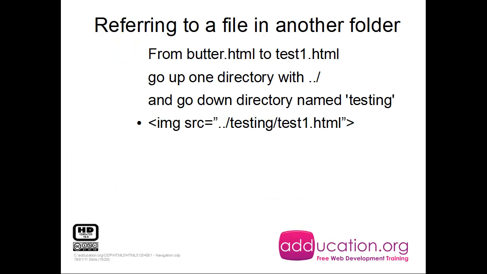So from butter.html to test1.html, go first 1 directory up, then go down the directory called testing. So, well, it's not referring to an image, but it's going up 1 directory, going down the directory testing, and there's the file test1.html. This is, of course, wrong. This has to be an href, referring to an HTML file.